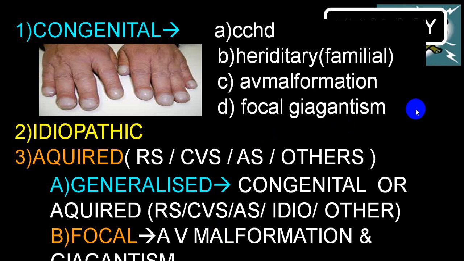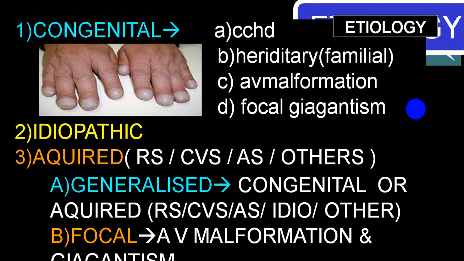Etiology wise, congenital and acquired, and one more we put is idiopathic. In congenital, one classical example, we also call hereditary or familial, you can come across cyanotic congenital heart disease, or right to left shunt. This will be the congenital heart disease group where the person is born with cyanosis. So they will have cyanosis and generalized clubbing.